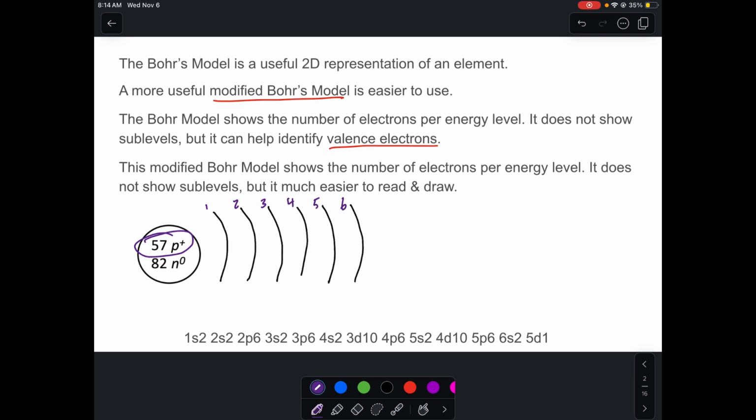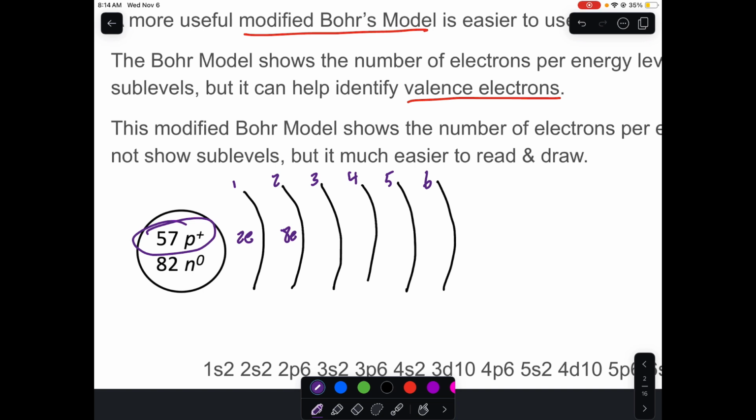So that first energy level only gets 2, 1s2. So 2 electrons there. We're going to have 8 electrons here, a maximum of 18 in our third energy level, 18 in our fourth energy level, 9 here, and 2 here.